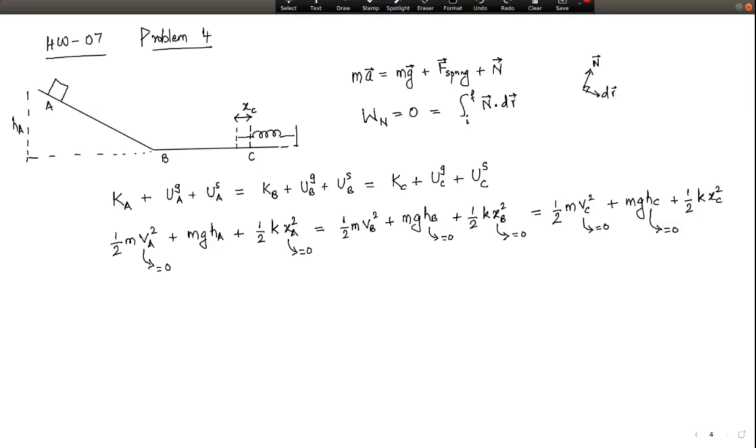And what we have is mg h of A is equal to half mv square, which is equal to half k xc square. In the first part of the problem, we are interested in calculating the velocity at point B, and we have the information about the height at point A given to us.